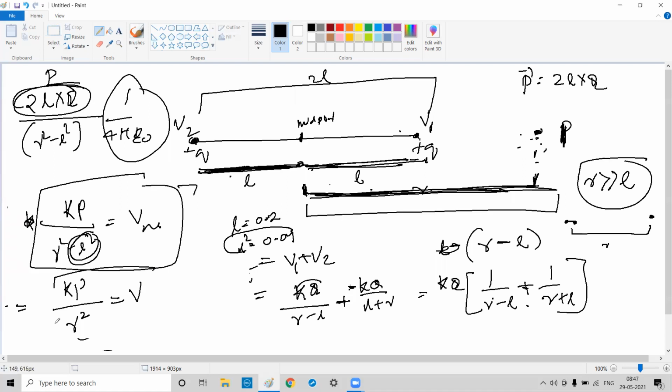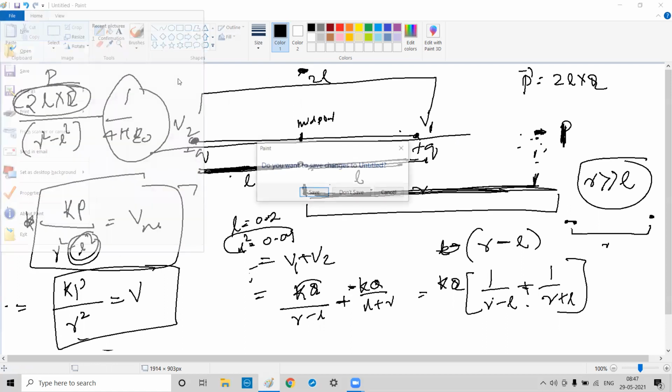This will be the potential for a dipole at a point, and this is called equatorial. Why equatorial? Sorry, it's called axial. Why axial? Because this is the axis. If you have it here, it's called equatorial. Okay. So what is the formula we got?